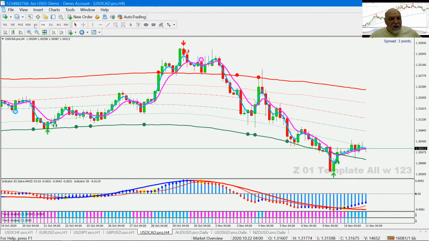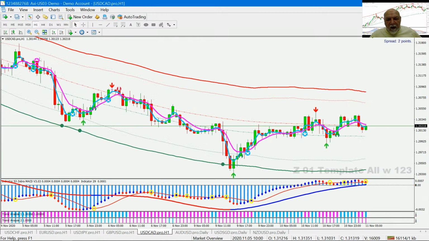Let's take a look at the 1-hour now. And the 1-hour is trading right in the middle of the channel. We're getting a lot of mixed signals. The 1-hour is showing that it is rising. We are mixed on the short term. We've got a circle saying that it's coming down.